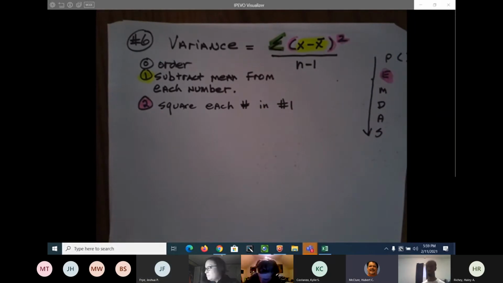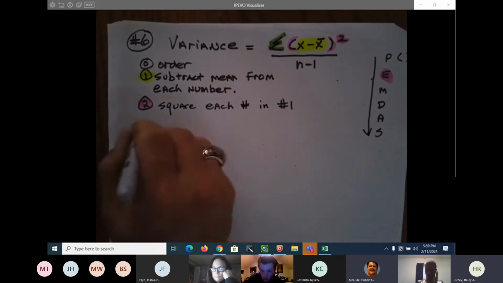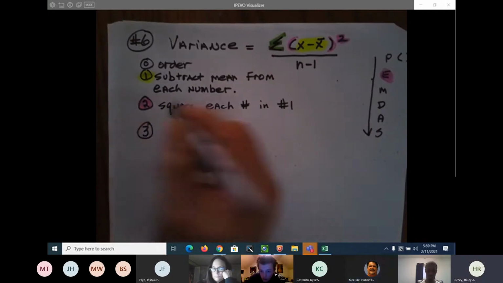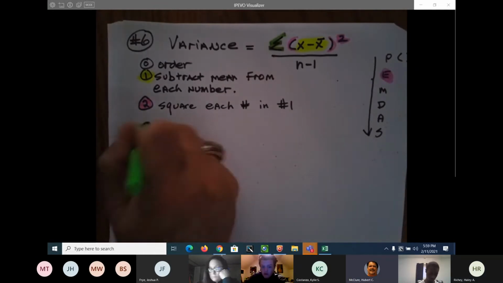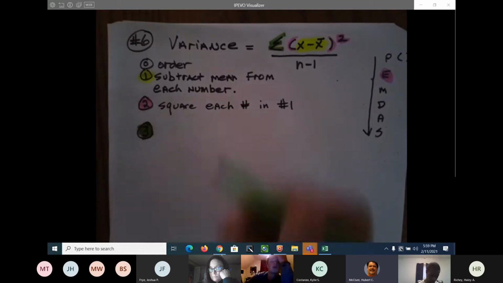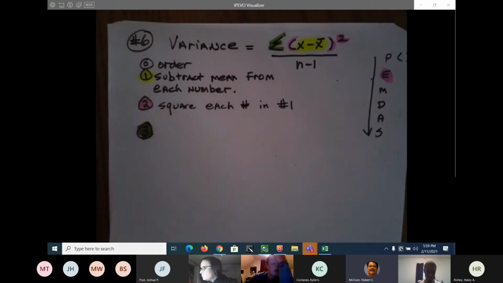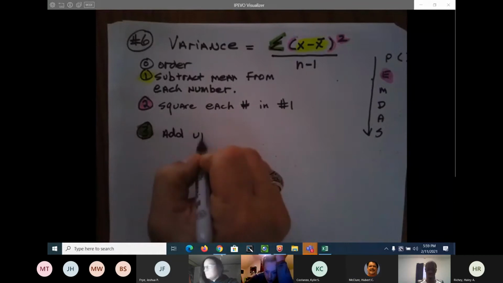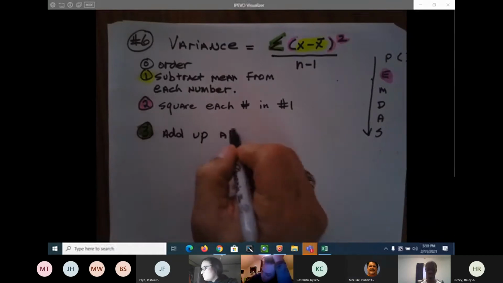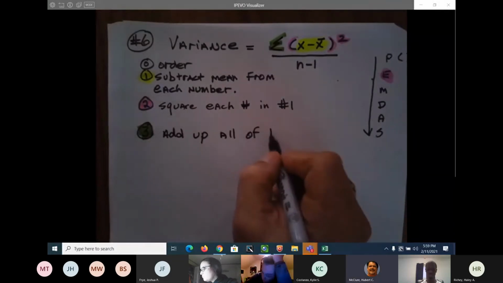And whenever you see capital sigma, can anybody tell me what capital sigma means? The sum of all the numbers. You sum, you're going to add them all up. So whenever you see that E in mathematics, you're going to add up all of number 2.